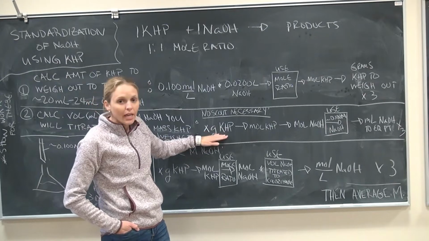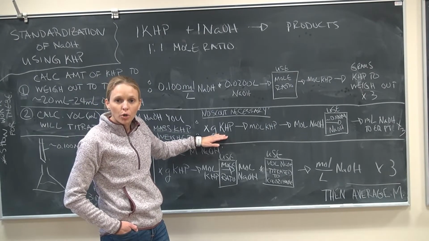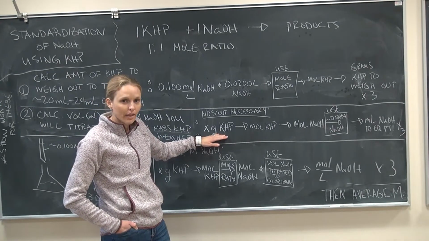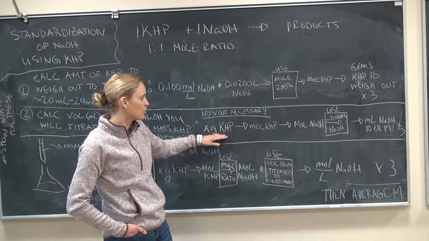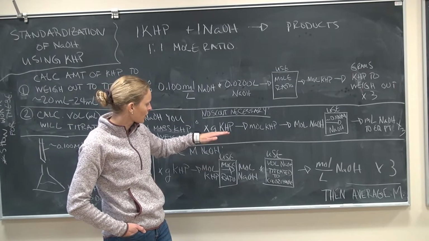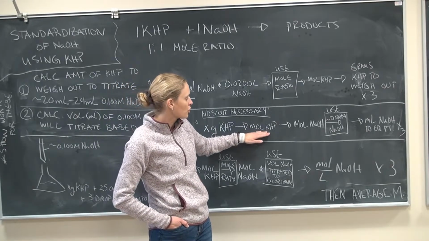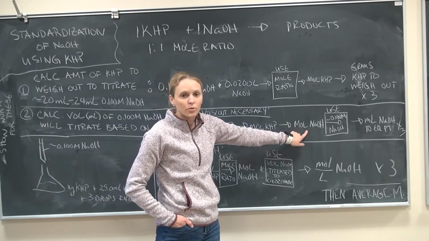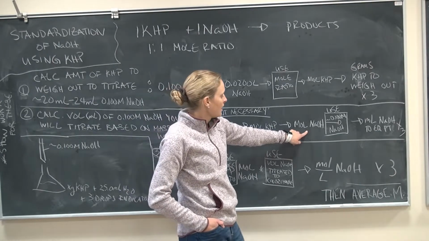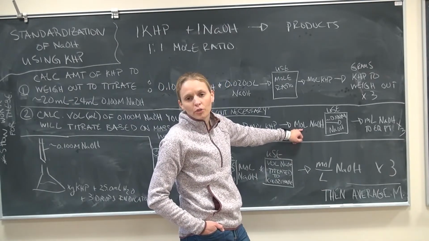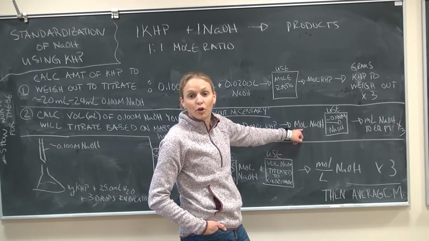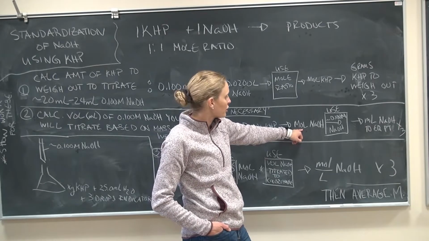I got a mass of KHP, and I'm trying to figure out the volume of base that I'm going to be adding when I do that run. Okay, so I got grams of KHP, I can go to moles of KHP, I can use the mole ratio here to go to moles of NaOH. Okay, I'm trying to get to volume, so now I'm at moles of NaOH, and I need to get to volume of NaOH that I'm going to add for each run.